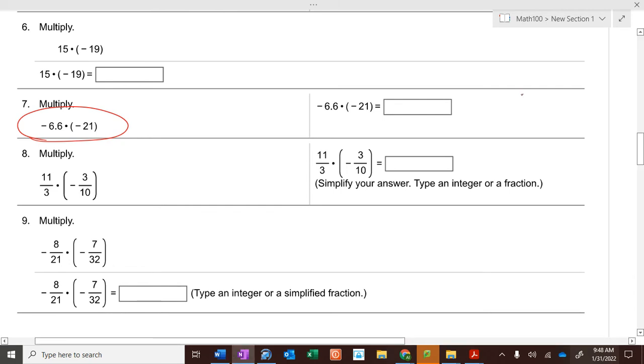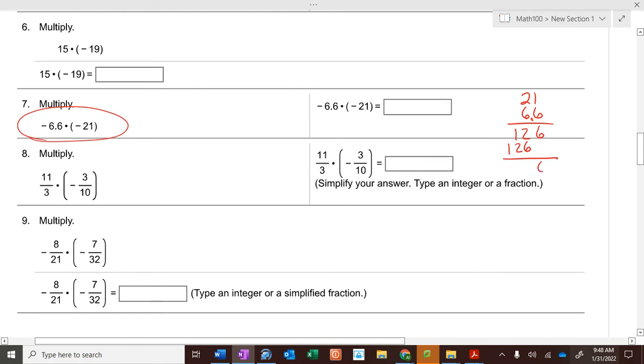Well, what I would do is put 21 here, 6.6 here with the decimal point. Okay? And then take 6 times 1, which is 6. 6 times 2, which is 12. And then 6 times 1, which is 6. You got to leave a space here when you do the tens place. 6 times 2, which is 12.